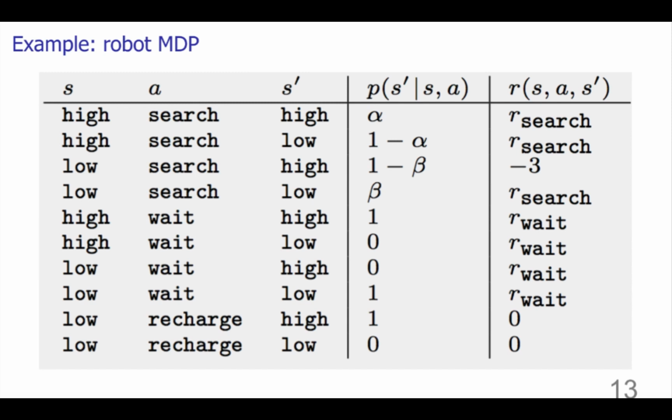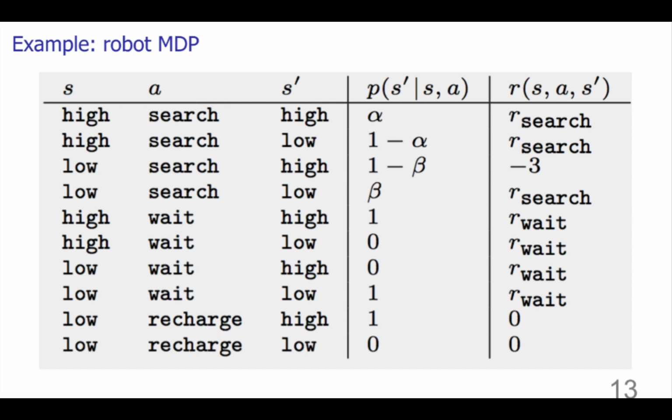For instance, the probability of getting low, given the current state low and the current action wait, is what? 1, right? If the robot is waiting at a low state, it will stay at low state of battery. The corresponding reward is R wait, some kind of variable.